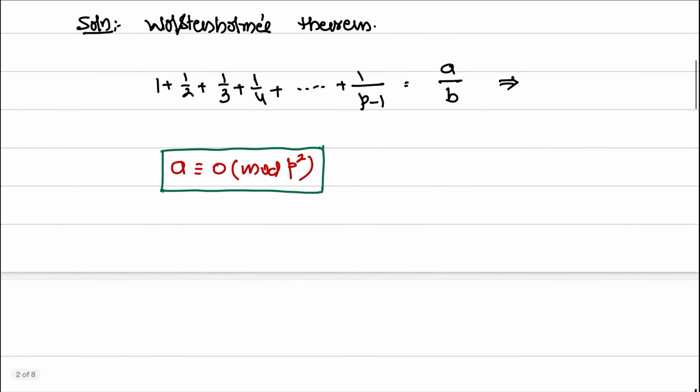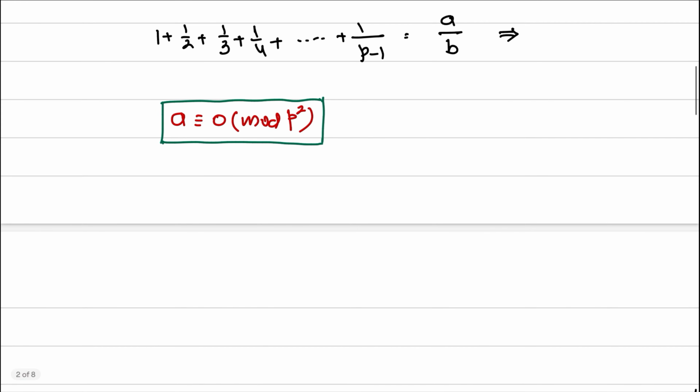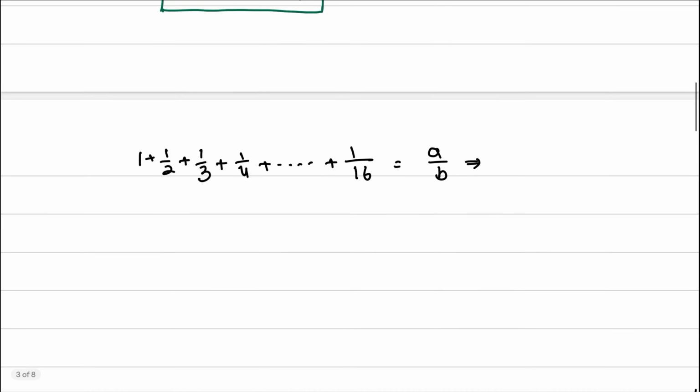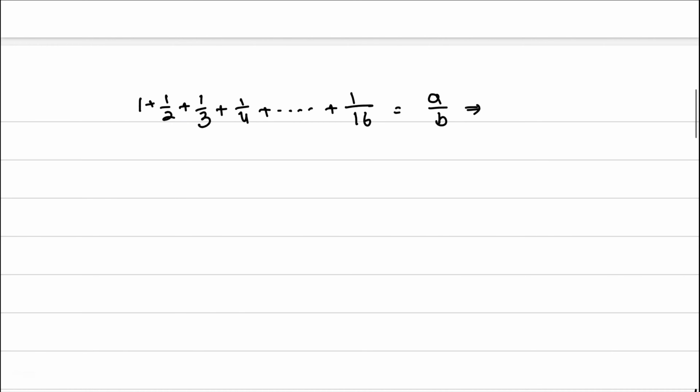Now, we will apply this theorem and let us see. Here, what is the series given? 1 plus 1 by 2 plus 1 by 3 plus 1 by 4 up to 1 by 16 is equal to a by b. Here, from the above theorem, p minus 1 is equal to 16.